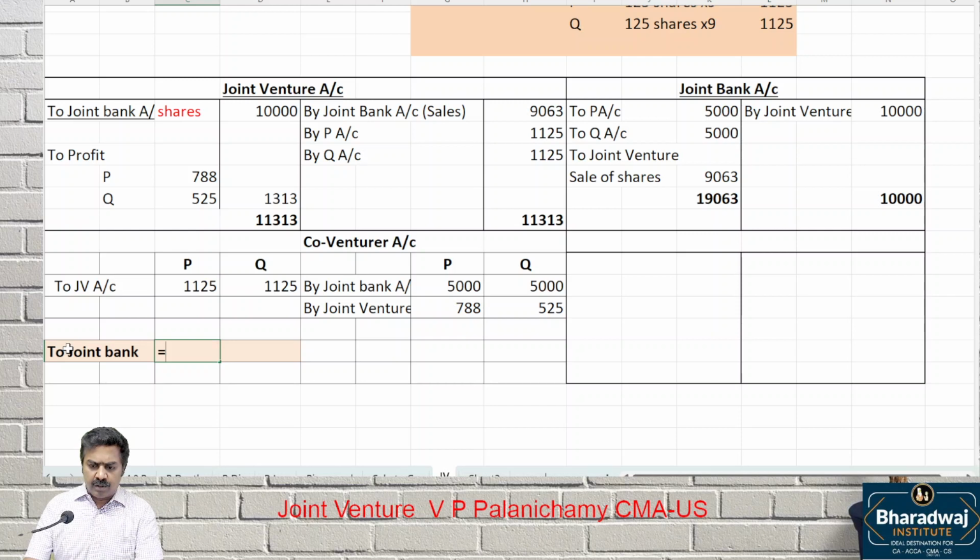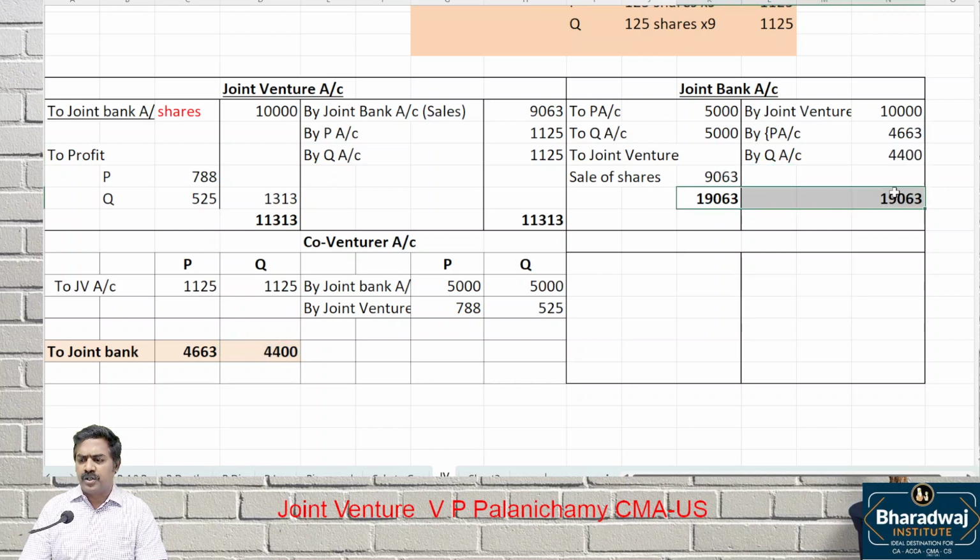This plus this minus the shares taken over will be paid to them. By P account, how much do we settle for P? 4663. How much do we settle for Q? 4,400. This account also tallied.